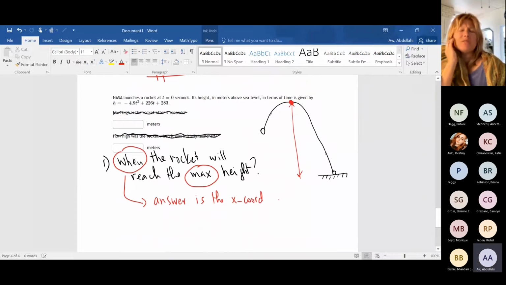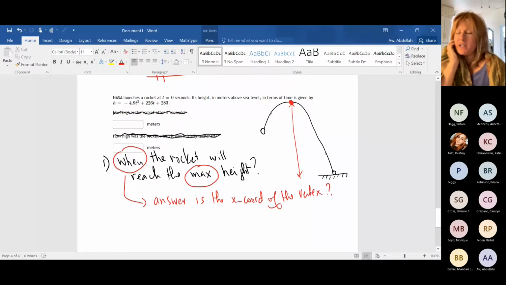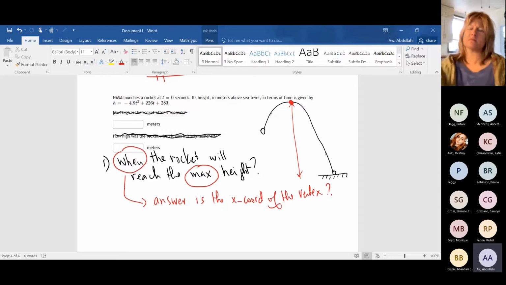So wait, I'm also still confused. Why is 1? I don't get it. When and what? How do you know? Yeah, I mean, this is about the vertex. Part of it is because, like you said, you missed the last class. In the last class, we elaborated about the vertex, what the vertex is for the parabola, right?